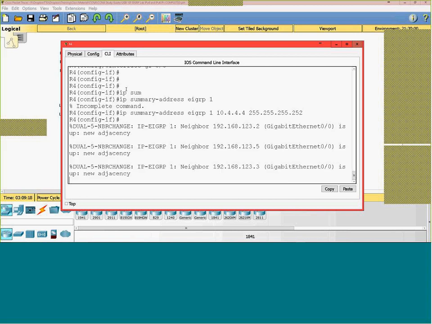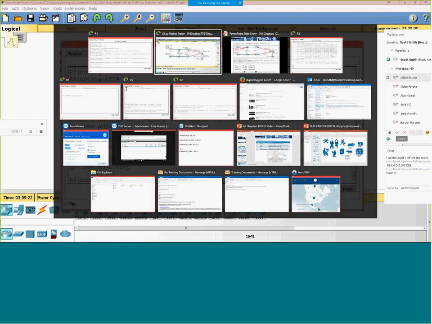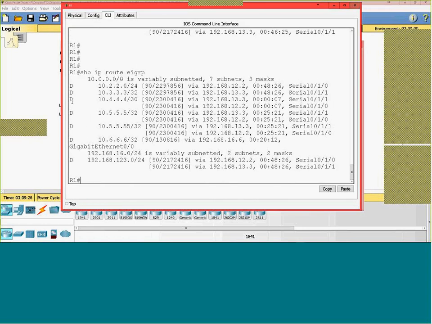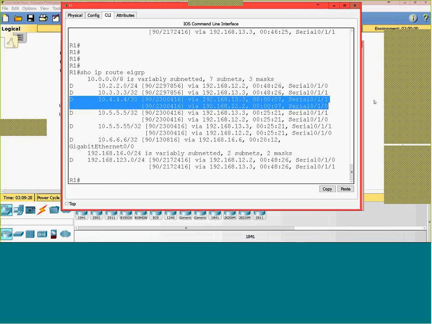Enter. Refresh my neighbor adjacencies. Now if I go to router 1, I no longer see the individual 10.4.4 routes. I see the summary route. So I've essentially reduced the size of my entire enterprise's routing tables by putting in that summary.